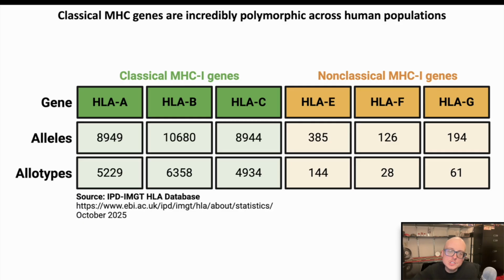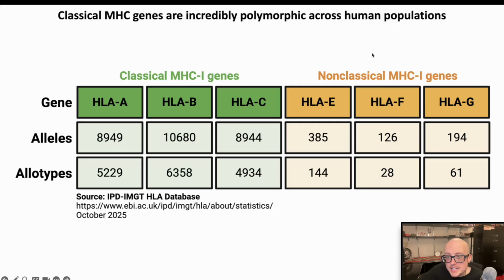But notice that for the classical MHC class 1 genes, A, B, and C, there are an incredible number of alleles represented in the human population. 9 or 10,000 basically, right now, and new alleles are being discovered all the time. This is a very high degree of polymorphism. As I said, this represents the most polymorphism out of any genes that we find in the human genome.